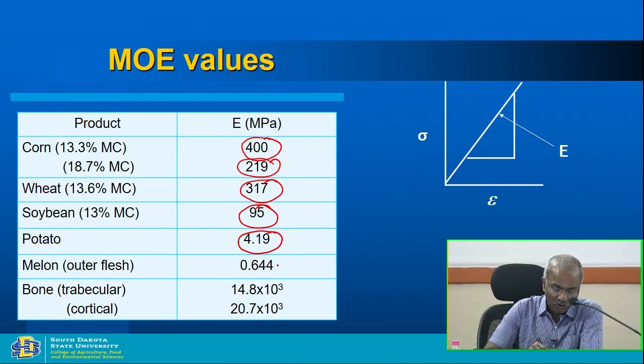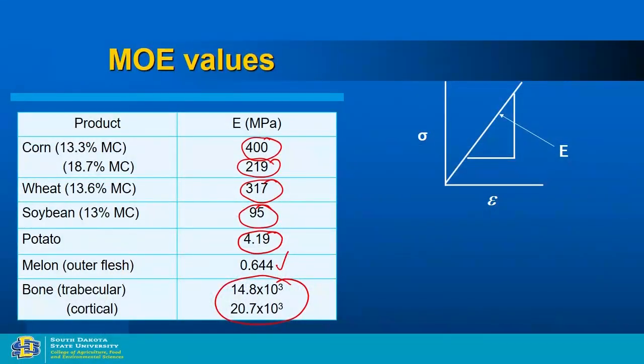Melon has a much lower value, and then bone has a much higher value. Bones are much stiffer. A higher modulus of elasticity value means much stiffer. They are also harder, so you can look at them in different ways. Not only stiffness, hardness also plays a role there.